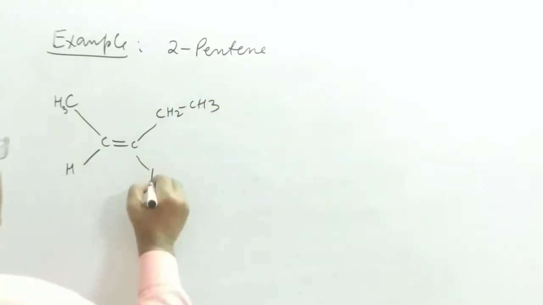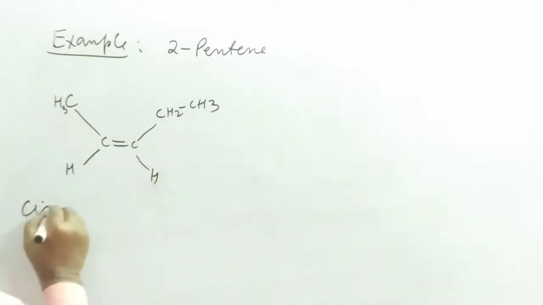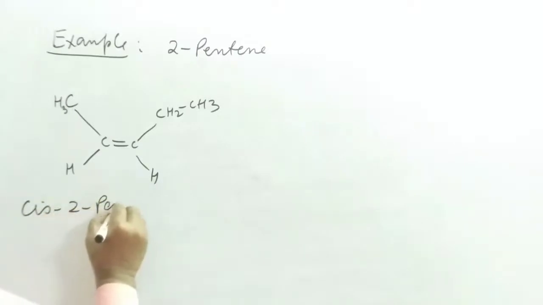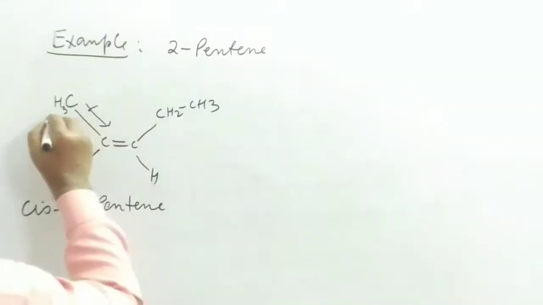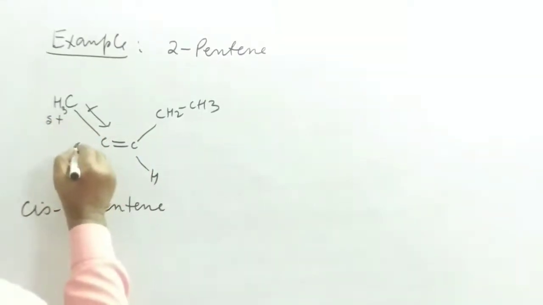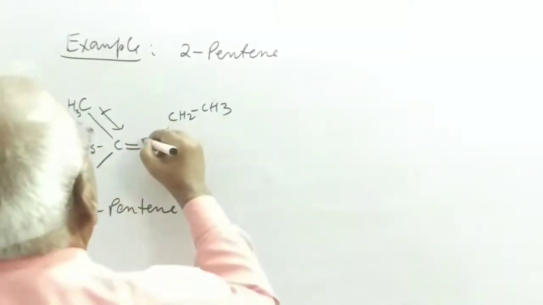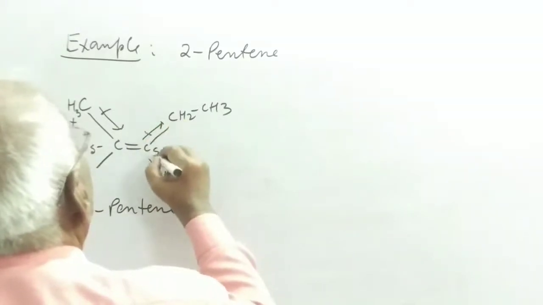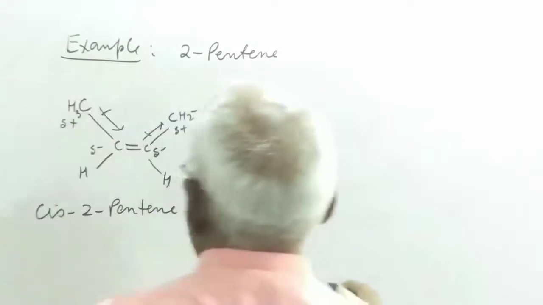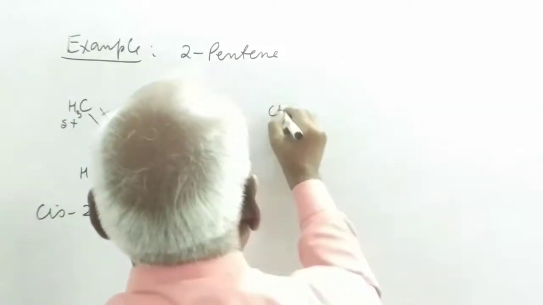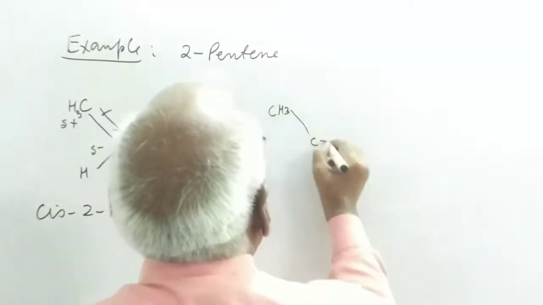This is cis-2-pentene. Cis-2-pentene has dipole moment like this, partial positive, partial negative. Bond moment is like that. This is partial negative, partial positive. The similar situation as with cis-2-butene.